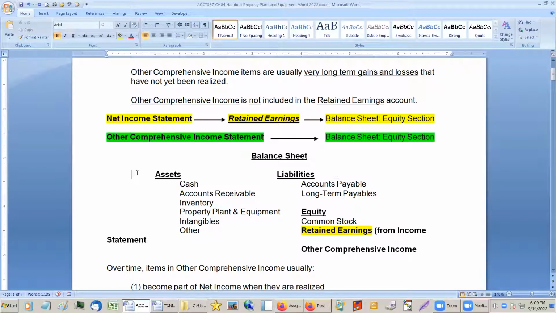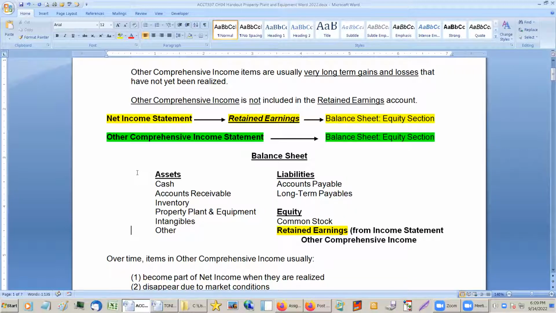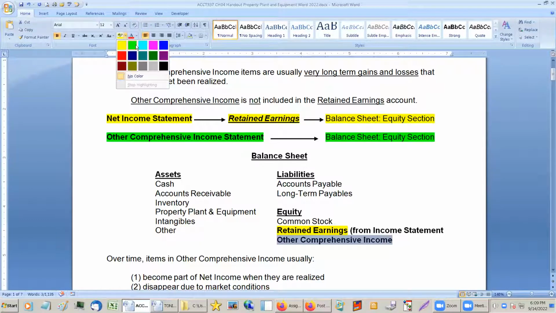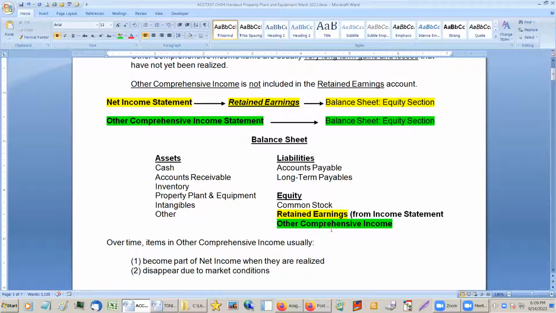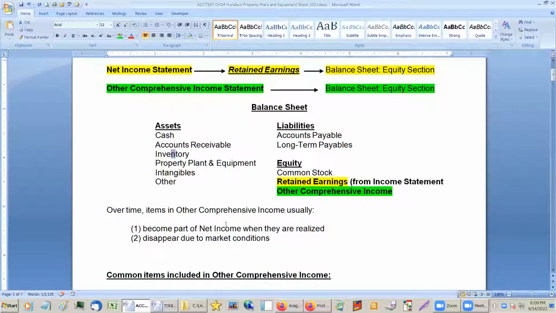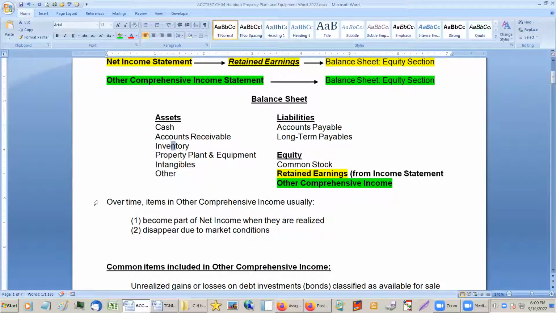And then we'll have our other comprehensive income, and this did not come from the income statement. It went directly into it. Okay, now you say, well, what is this other comprehensive income? Why do we even have it?